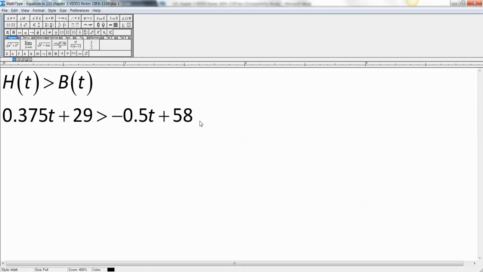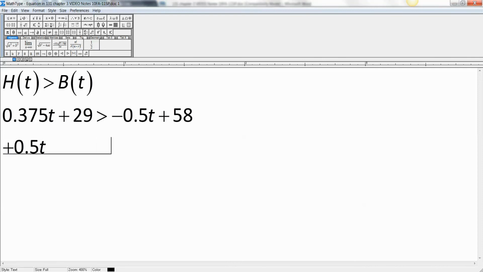We want to get the two t parts together on the same side. I personally like the t's over on the left. So I'm going to add 0.5 t to both sides. Oops, plus. I forgot my plus symbol there. Plus 0.5 t.